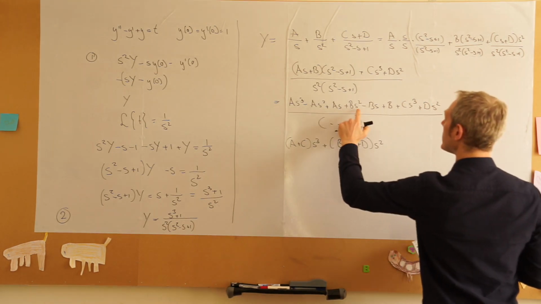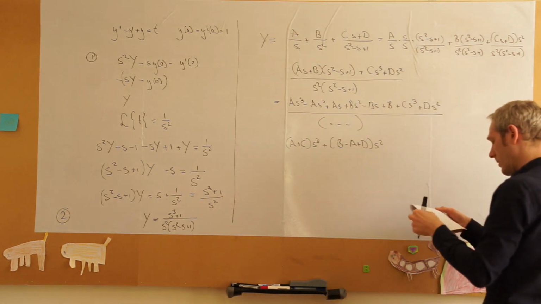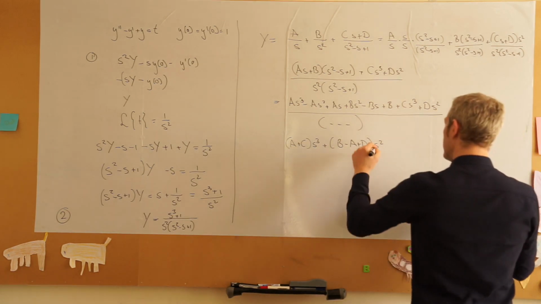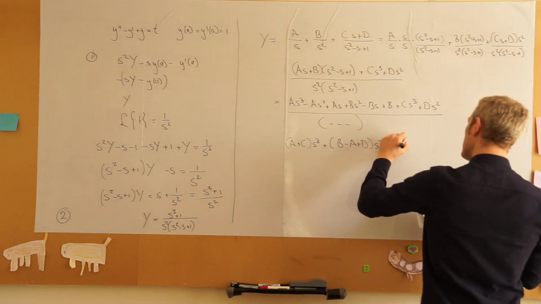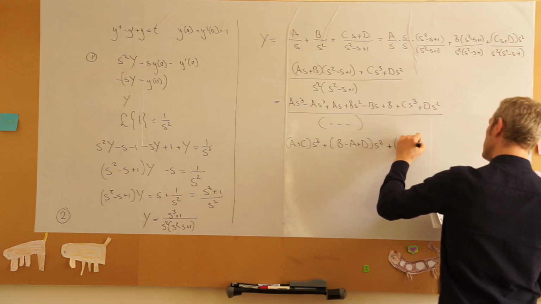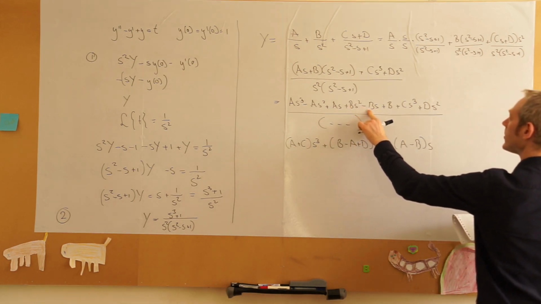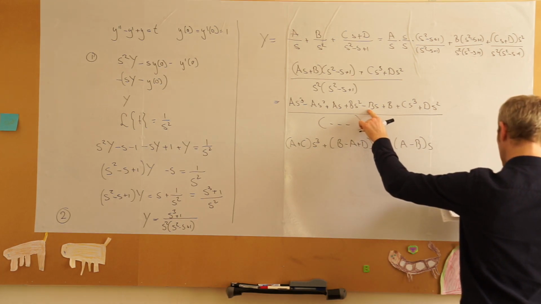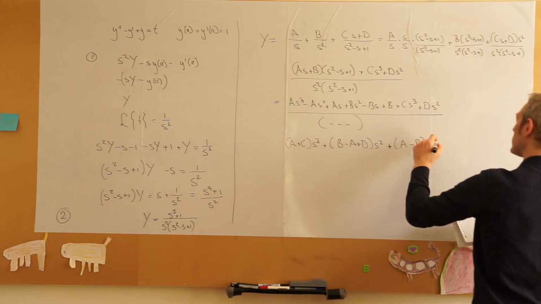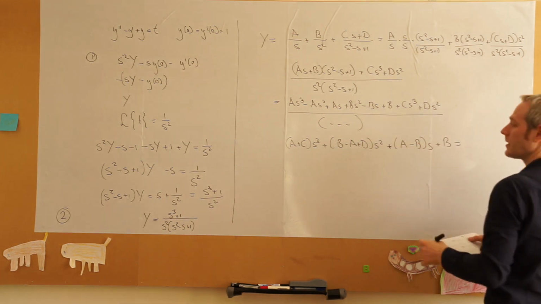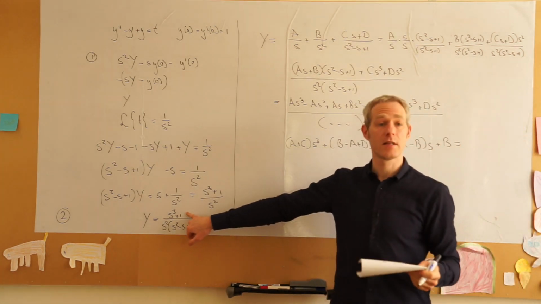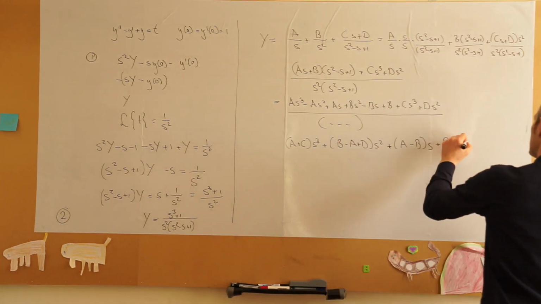So that is that term, and that term. Plus A minus B times s. So that is that term and that term. And we have one constant term, B. That has to be equal to s to the power of 3 plus 1.